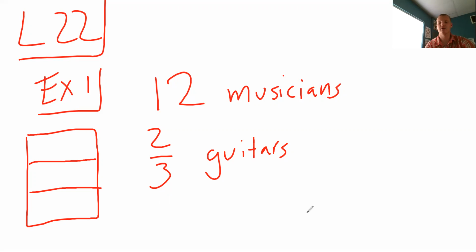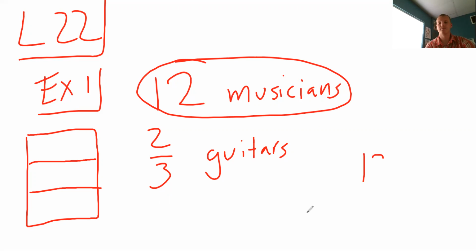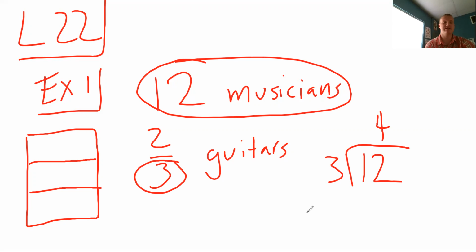From there, I would need to figure out how many are in each box. So what I like to do is I take the total number here, which is 12, and I divide it by my denominator, which is 3. So 12 divided by 3, which is going to be what, Brady? 4. Yep. So there are 4 per group because 4 plus 4 is 8, 4 plus 8 is going to be 12.